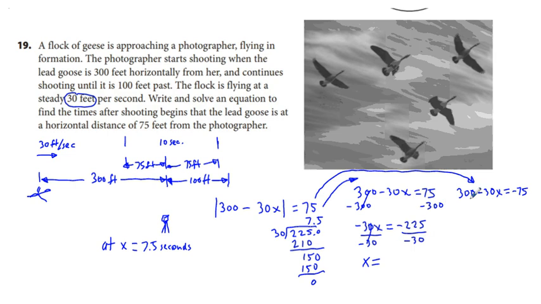And now for this other equation, we have minus 300. So we get negative 30x equals negative 375. And if we divide by negative 30, we're going to get x equals 12.5.